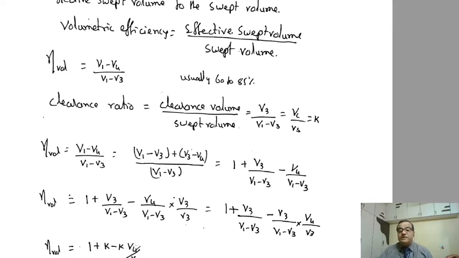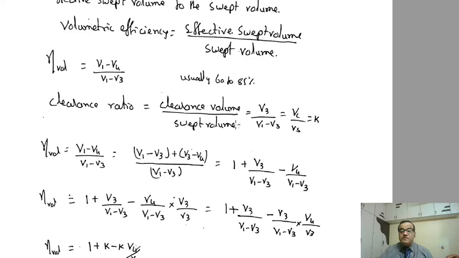This in turn can be written as V1 minus V3 by V1 minus V3, which is 1, and then V3 by V1 minus V3, minus V4 by V1 minus V3. What I have done here is multiplied and divided by V3. So in turn I can write it as 1 plus V3 by V1 minus V3, minus V3 by V1 minus V3 into V4 by V3.